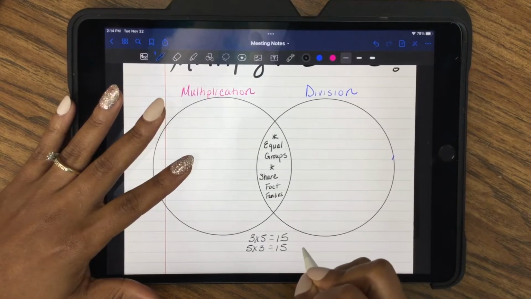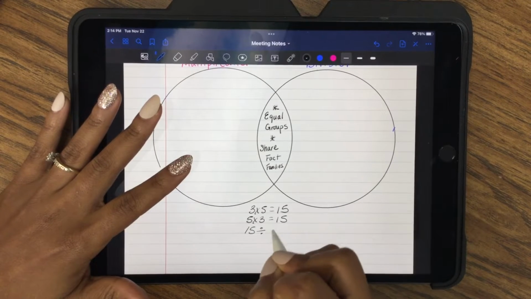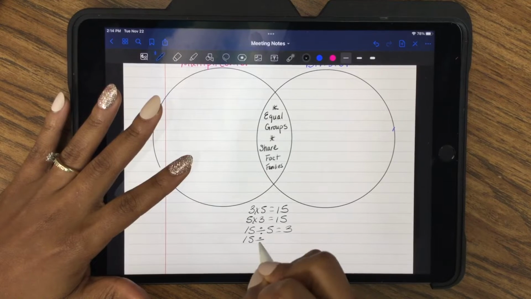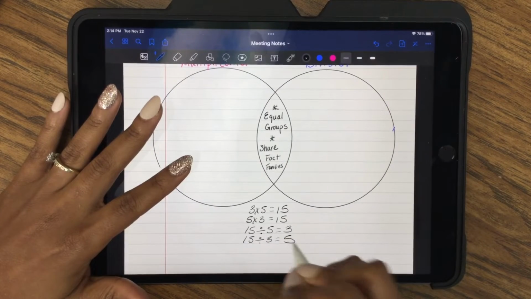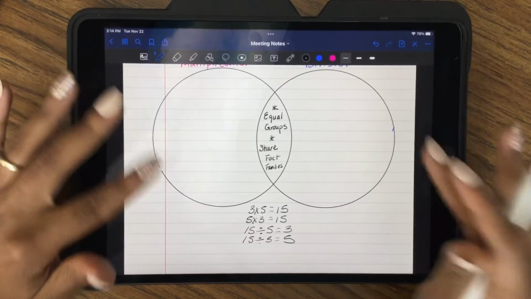And then I'll do it up here. 15 divided by 5 is 3, and 15 divided by 3 is 5. So it's the fact that we just reuse all the same numbers for these.